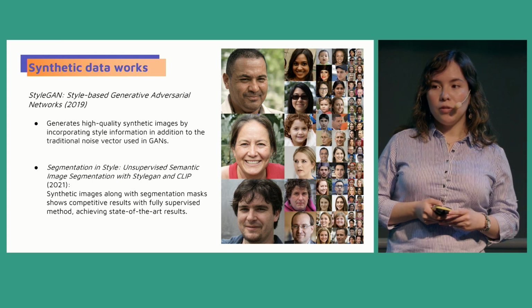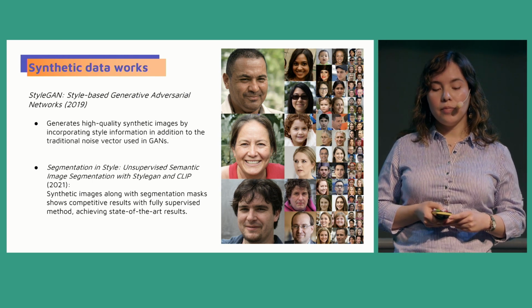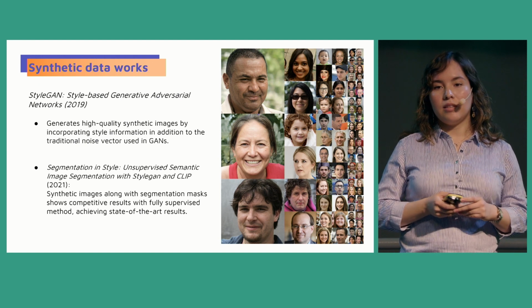They trained a segmentation model using only the synthetic data, and compared it with other models that were trained with real data in a supervised and semi-supervised way, and they realized that their model performed as well as the supervised model trained with real data.